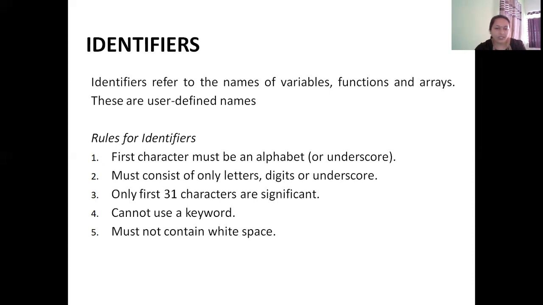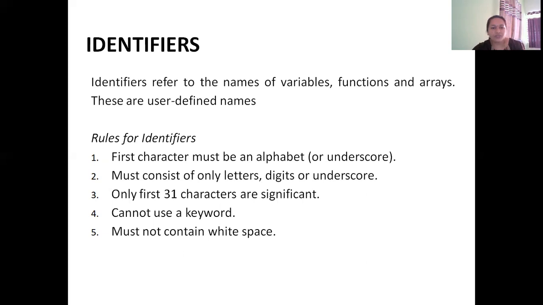And though you can write very big identifier names, the C compiler takes only first 31 characters as significant. You cannot use any keyword as an identifier name, and the name should not contain white spaces in between. These are the 5 important rules which the programmer has to follow when he chooses identifier names.